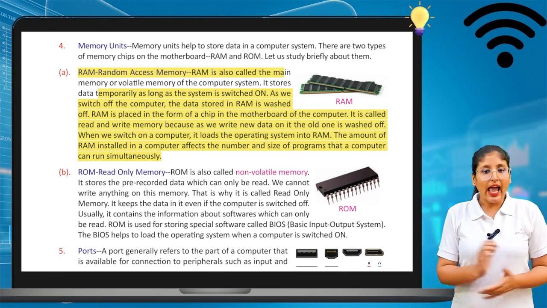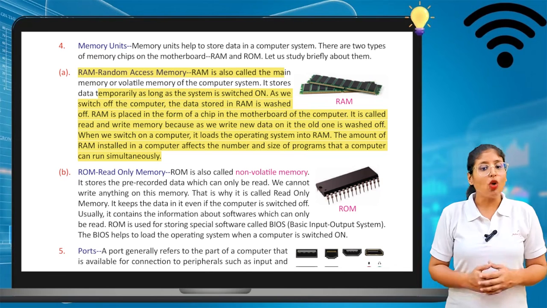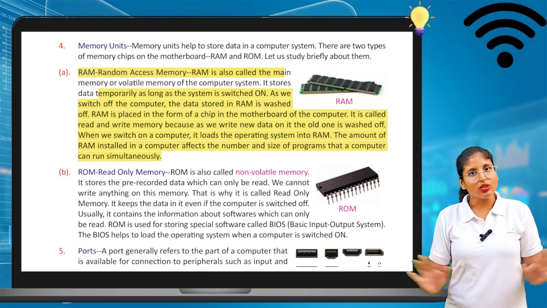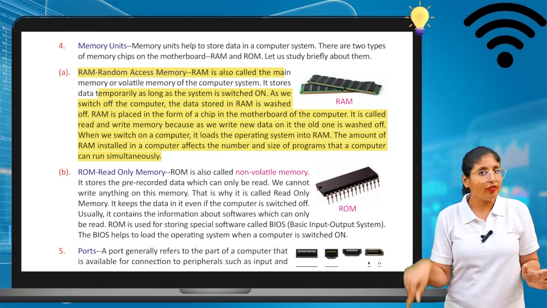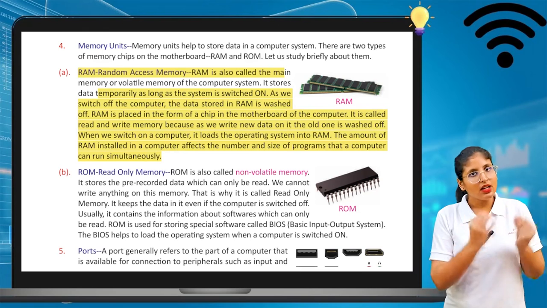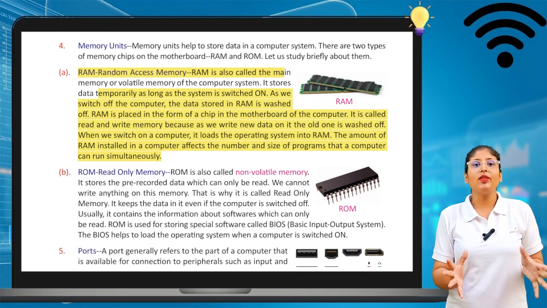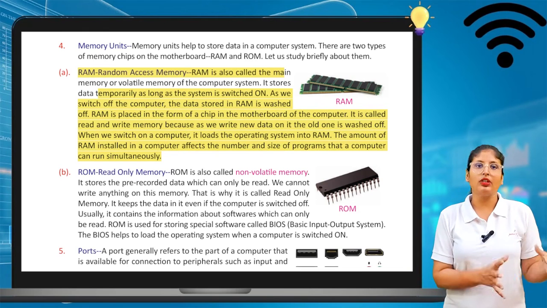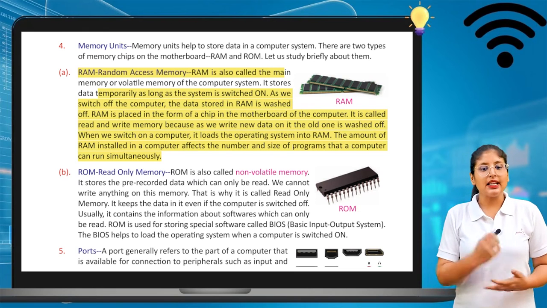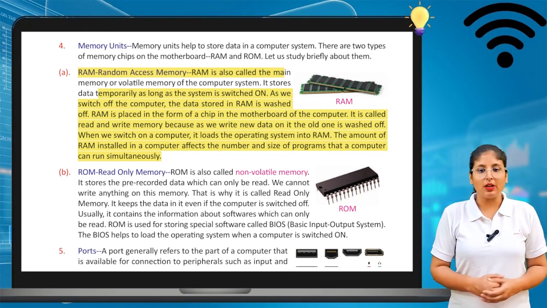As we switch off the computer, the data stored in RAM is washed off. If you switch off your computer, then all your data that is stored in RAM is washed off. So that's why we say it stores your data for temporary purposes. RAM is placed in the form of a chip in the motherboard of a computer.